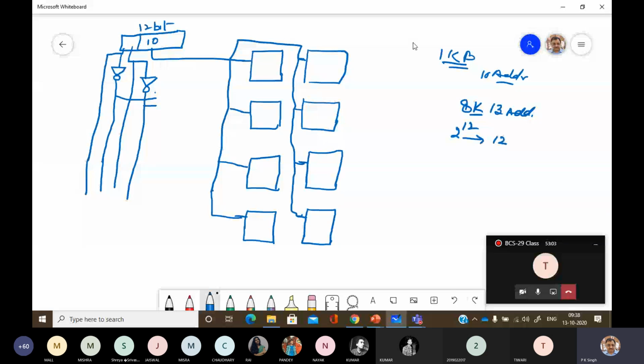Generally, the chip select signal is in negative logic. So we use it like this.